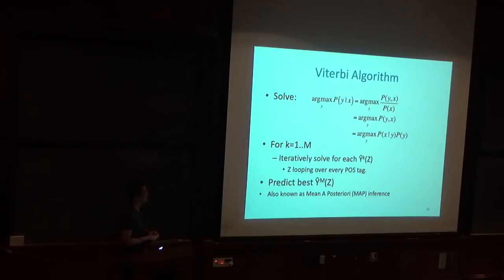It is linear in the length of the sequence and quadratic in the number of part of speech tags. So it is L squared times m rather than L to the m. For long sequences, even for sequences of length 10, this is a huge difference.